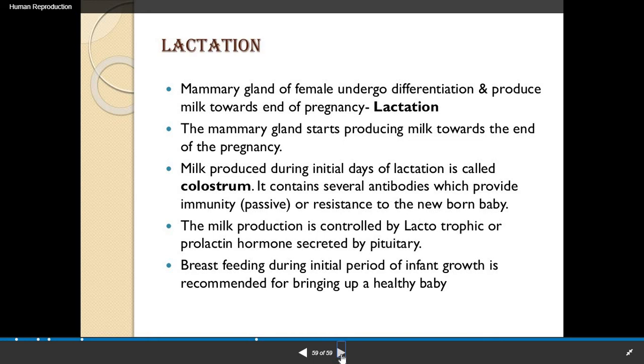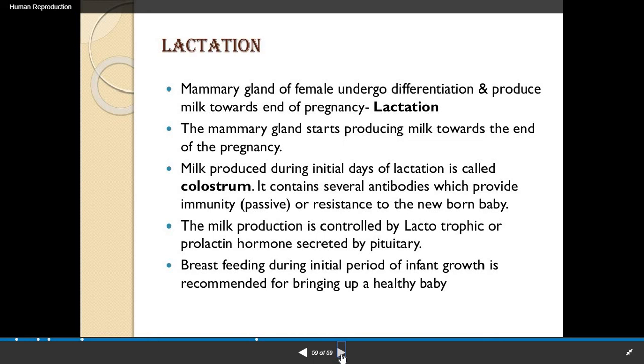It contains several antibodies which provide passive immunity, giving resistance to the newborn baby against certain diseases. Milk production is controlled by the lactotrophic hormone, prolactin, secreted by the pituitary gland. Breastfeeding during the initial period of infant growth is recommended for bringing up a healthy baby.